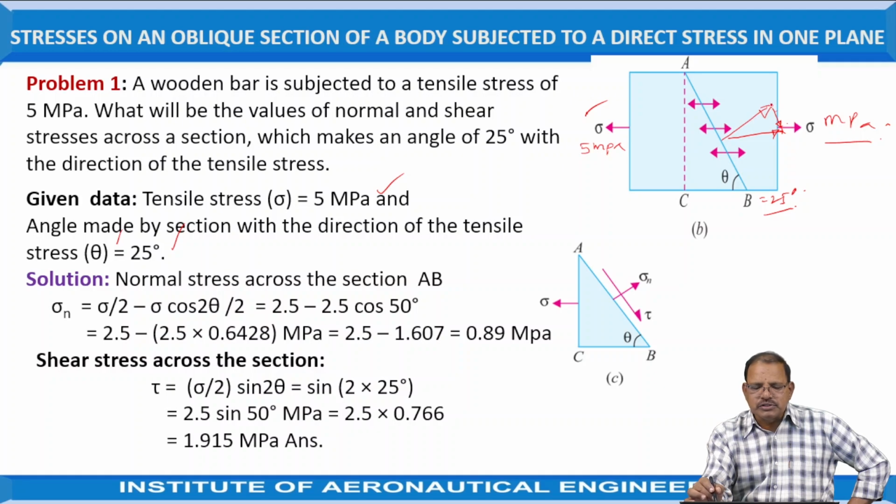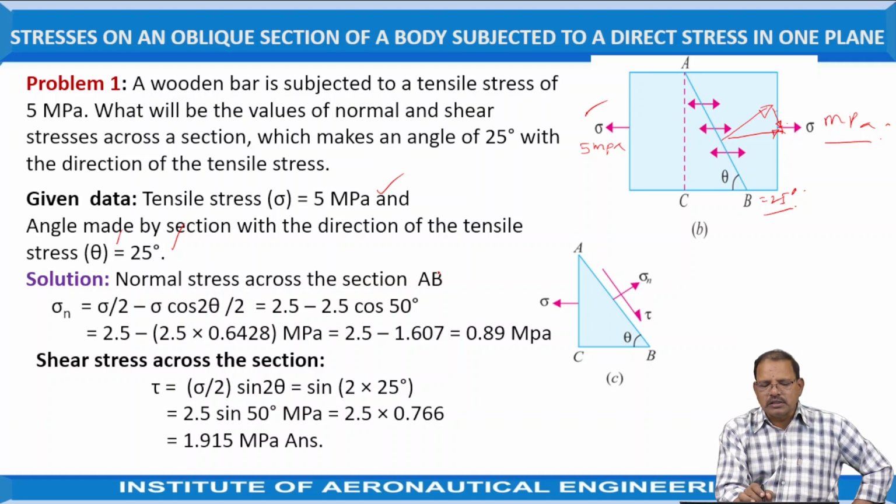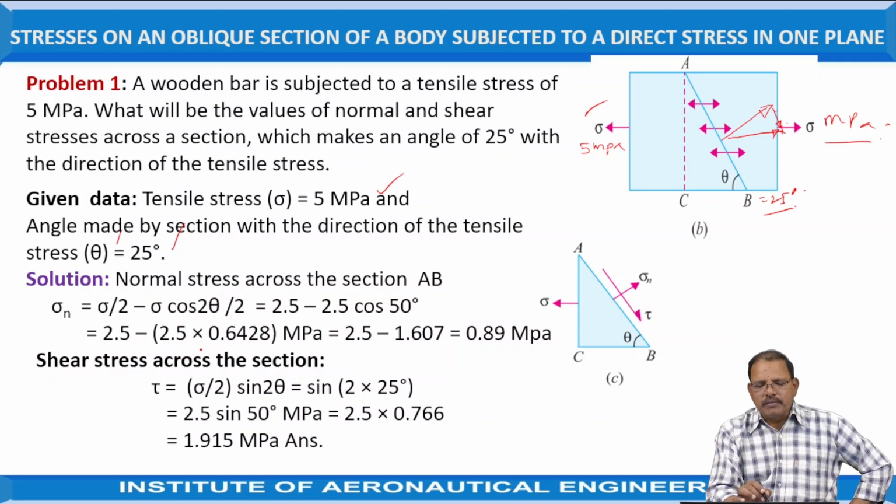The normal stress across the section is sigma n. According to the previous derivations, sigma n is equal to sigma by 2 minus sigma by 2 into cos 2 theta. Here sigma is 5 megapascal, so sigma by 2 is 2.5. Cos 2 theta is cos 2 into 25, which is cos 50 degrees.